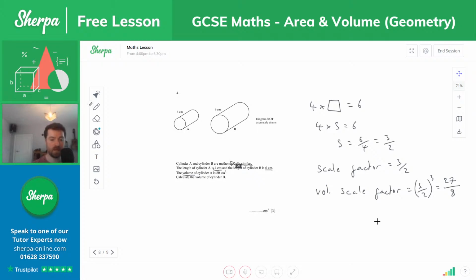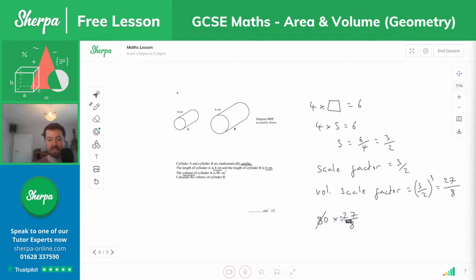And so we can now work out the volume of B, right? So we're told the volume of A is 80. And we just need to do 80 times 27 over 8, and that'll give us our new volume of cylinder B. I could be slightly lazy about this and just cancel out some stuff.